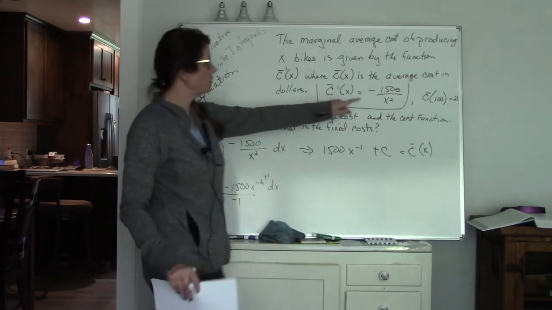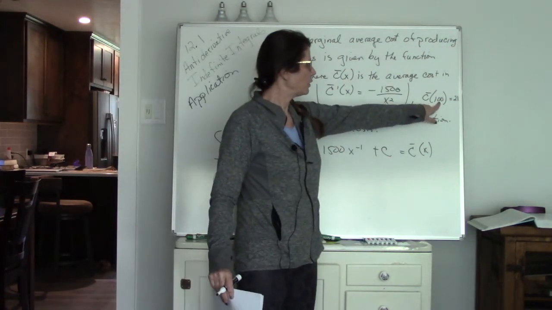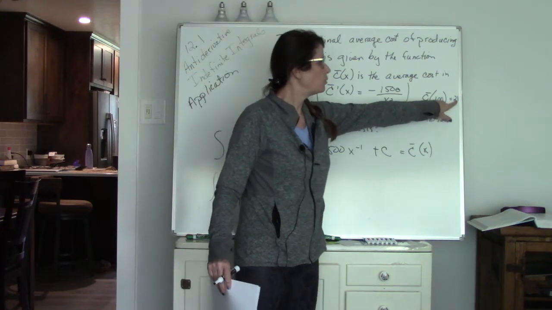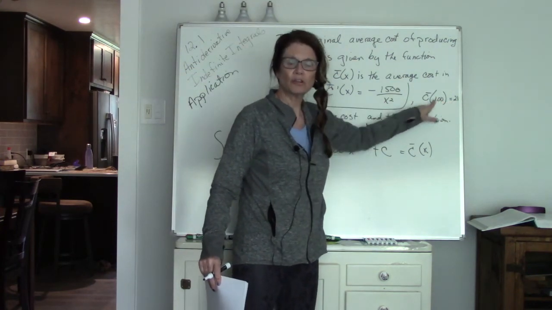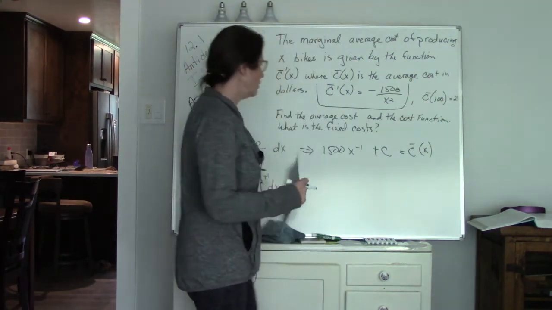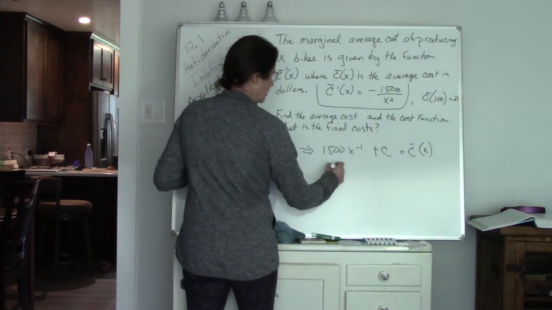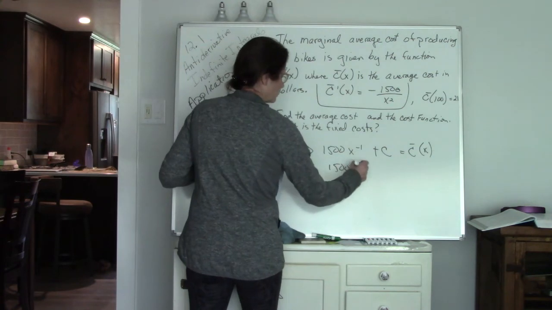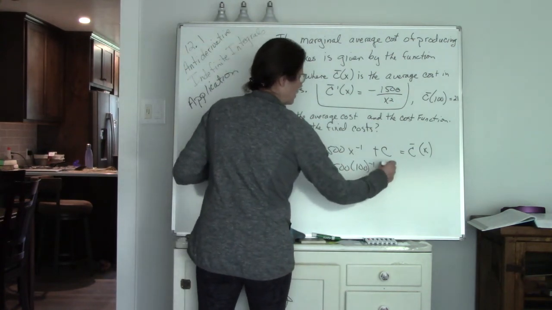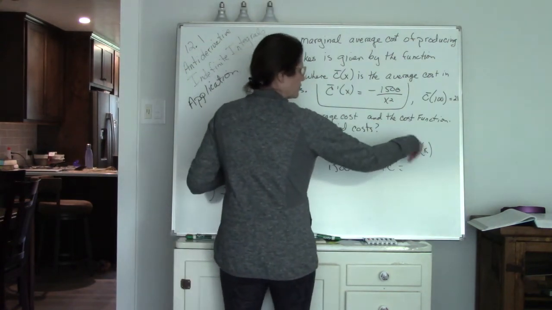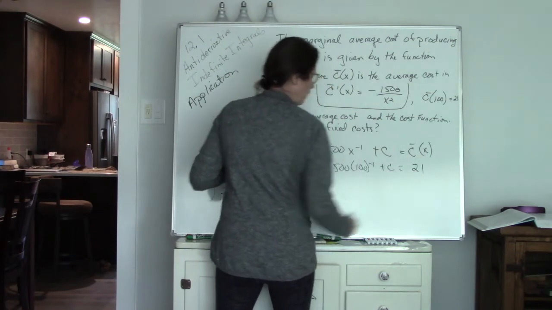Well, we're also given that when x is 100, y is 21. So you're going to be given these values. All we have to do is plug in x as 100, plus c equals the y value of 21.